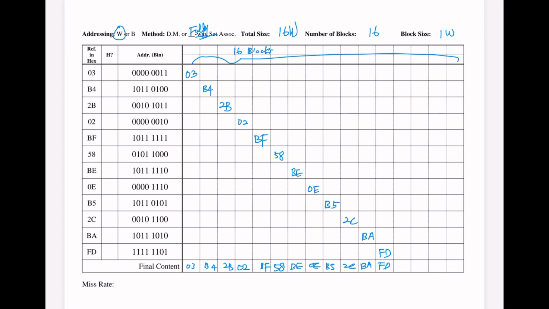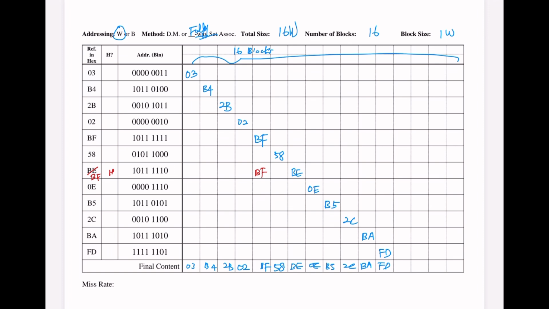If there were any repeated number, then you can just use that and hit. So for example, BF instead of BE, then we're gonna have BF right there, and then we're gonna set hit. Okay, and then this is hit, and everything is gonna move to the left by 1.